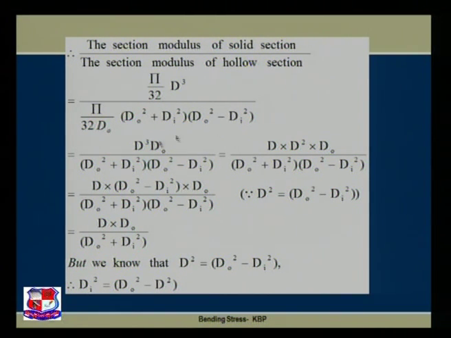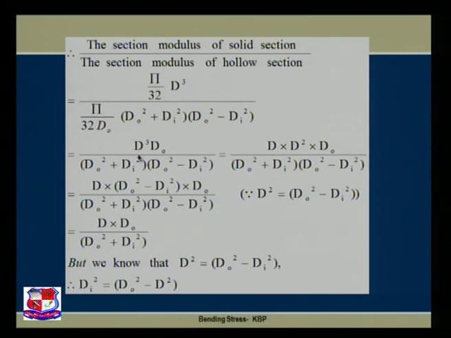Now, this 32 pi, both terms go off, this do comes to the top, and we will obtain the simplified equation. We know the basic relationship between capital D and do and di, that is d square is equal to do square minus di square.